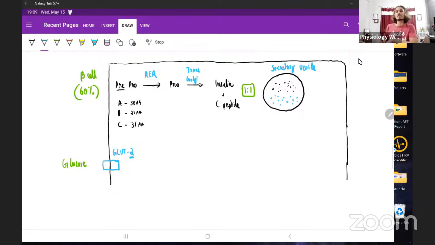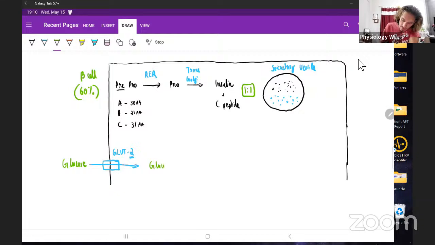Remember, this is different from the usual GLUTs that we talk about in this chapter. It does not need insulin. Usually, for glucose to come into cells, you need insulin. But this is one place where, without insulin also, through GLUT2 receptors, glucose is going to come in.